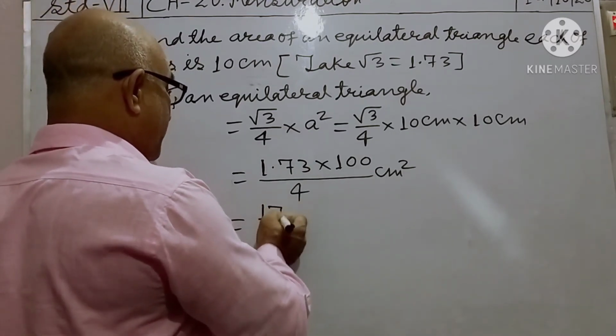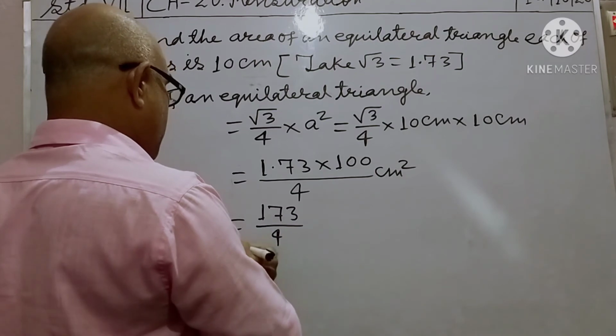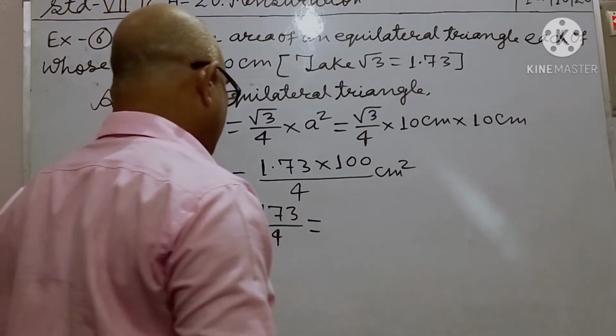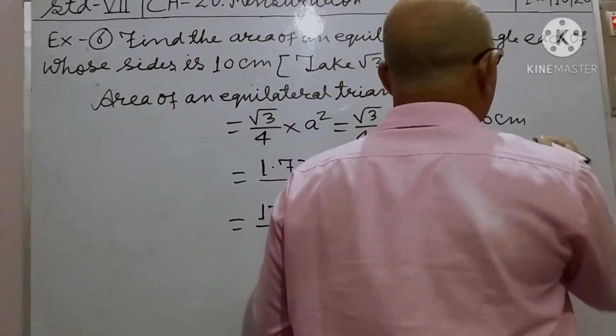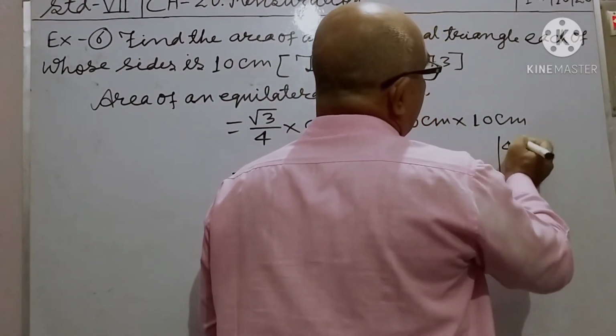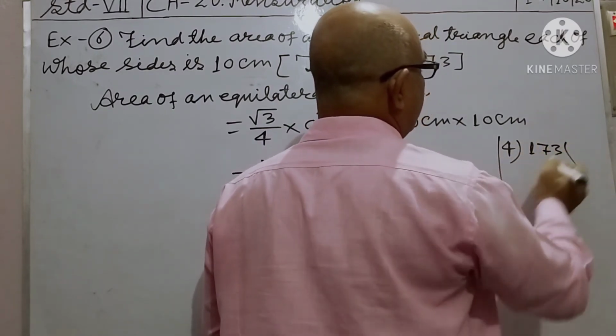So 173 by 4. Now 173 divided by 4. Divide here.